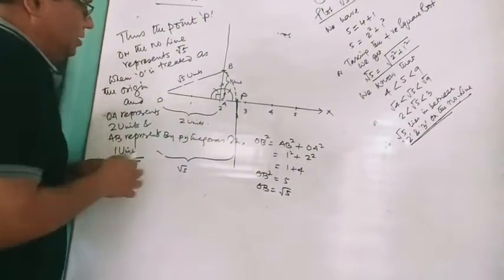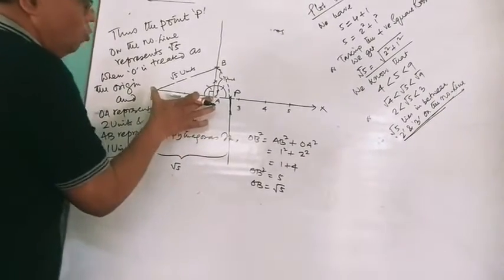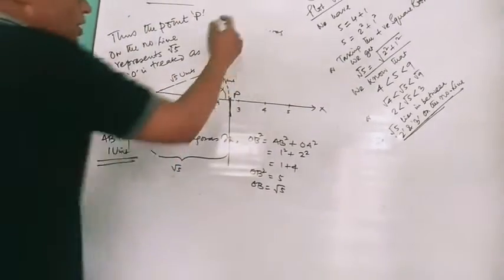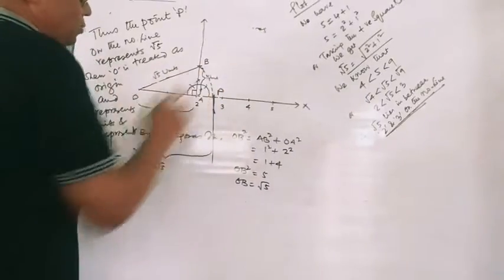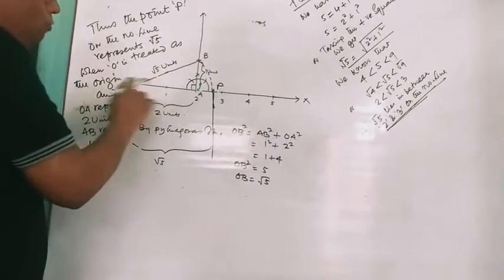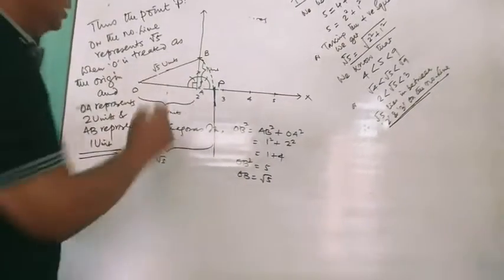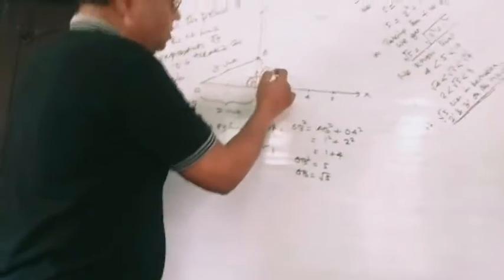Now, we have drawn the number line. We will take 2 units along the number line. OA represents 2 units. At the point A, we have drawn a perpendicular line, and from that perpendicular line, we have taken AB as 1 unit, and we have joined OB. OAB is a right angle triangle, right angled at A, with base 2 units and perpendicular 1 unit.